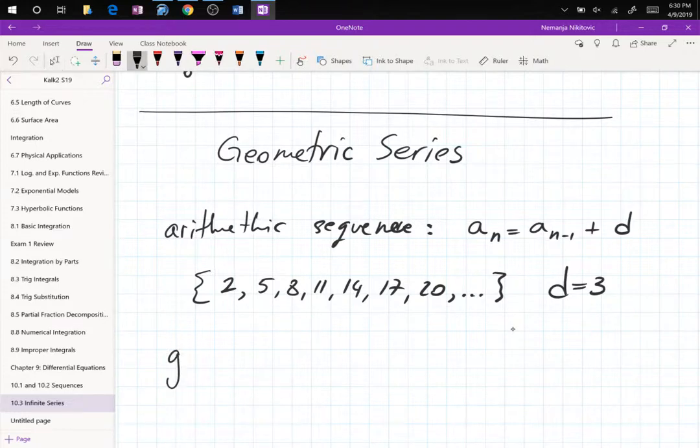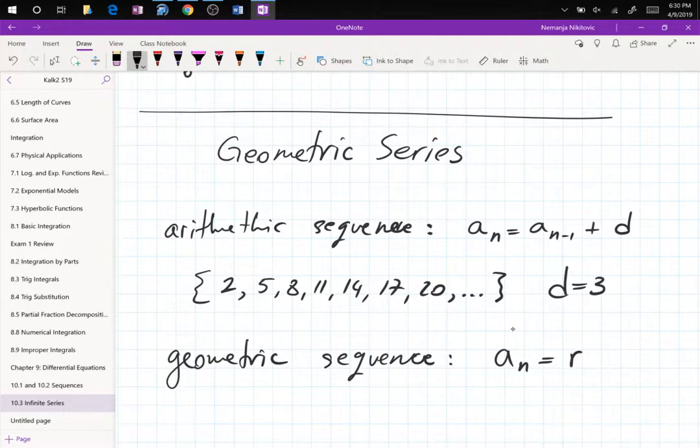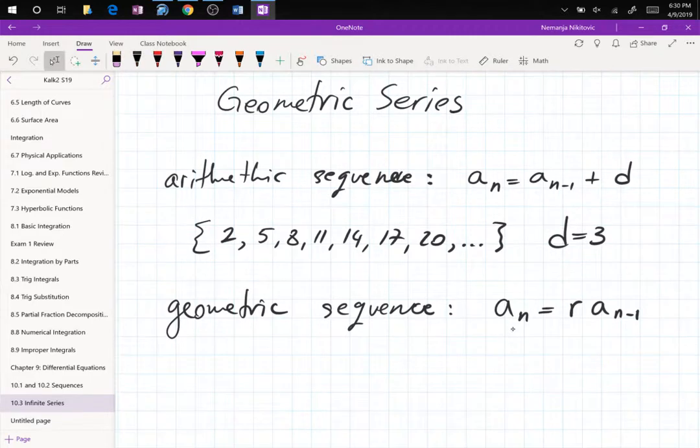So what is a geometric sequence? Geometric sequence is where your AN is some ratio R times AN minus 1. So you have a number that multiplies, always the same number. Could be fraction, could be whole number, could be whatever, right? It's always the same number that multiplies to get the next term.